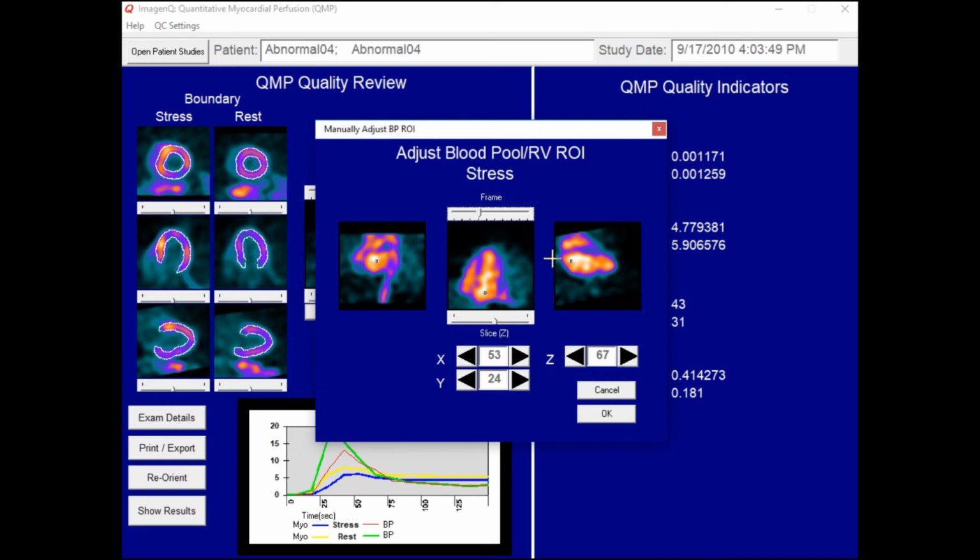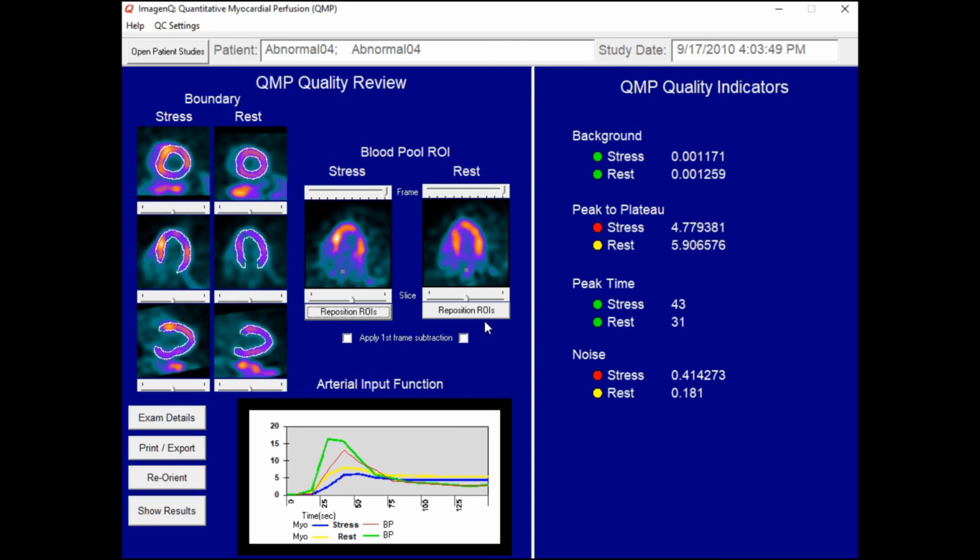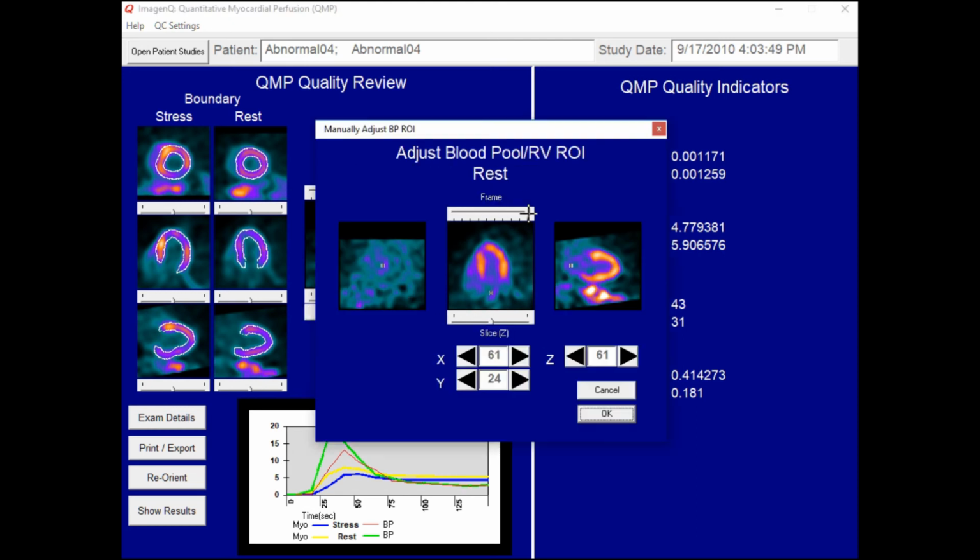And again, in the short axis view and the vertical long axis view, this location of the left atrium is very good. Again, we'll confirm it at rest. Get a good view of the blood pool. Maybe move it up just a touch.